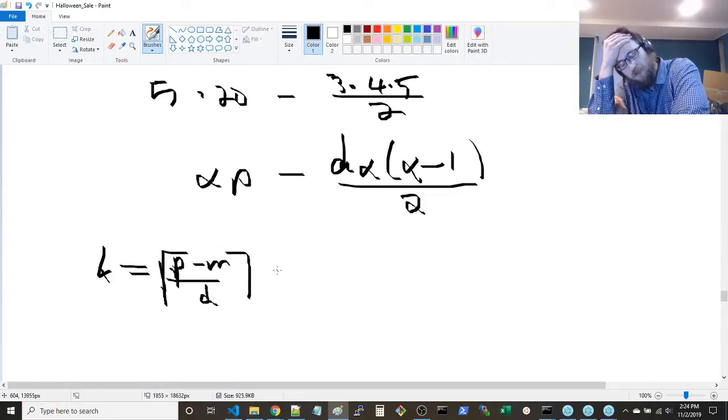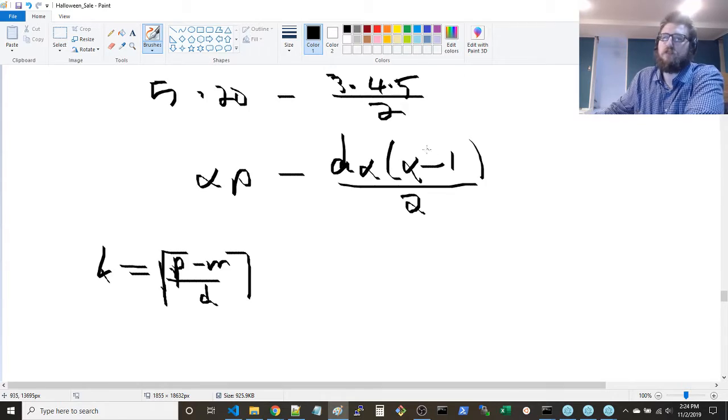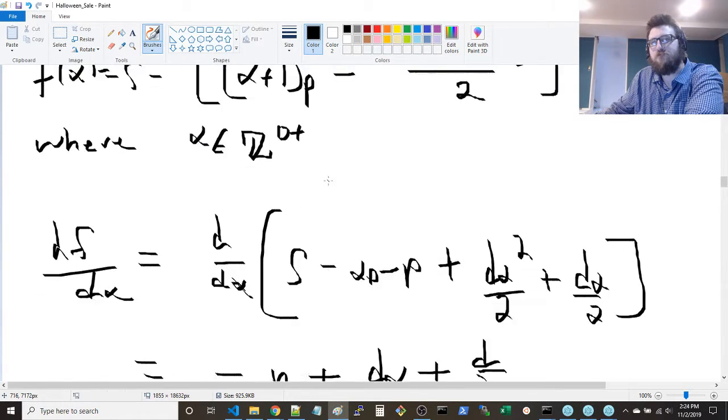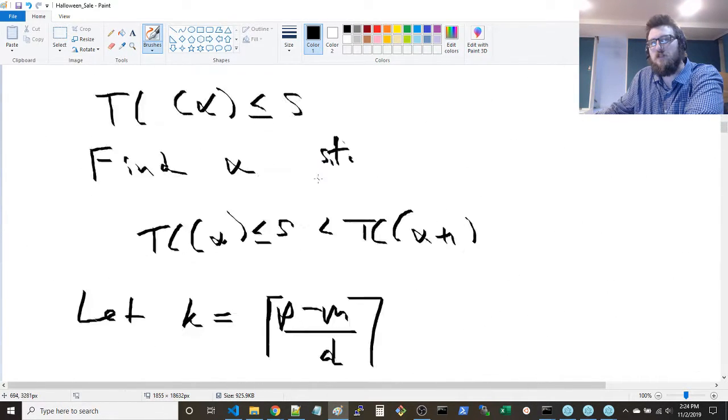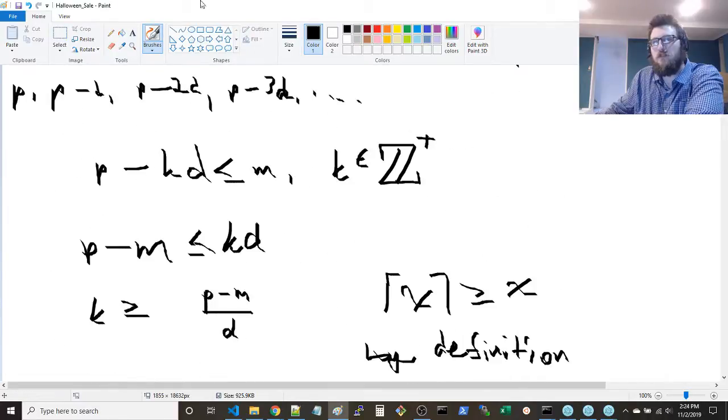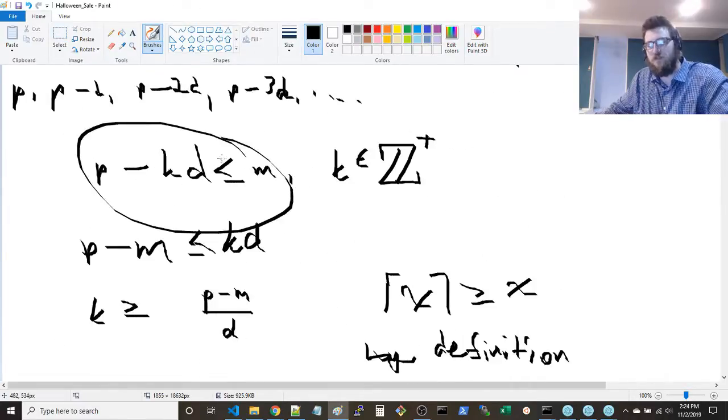Where does this come from now? P minus m over d is. Yeah, that's fine. That's the same. If we go back to where we got k from, that doesn't change. See, it comes from this.